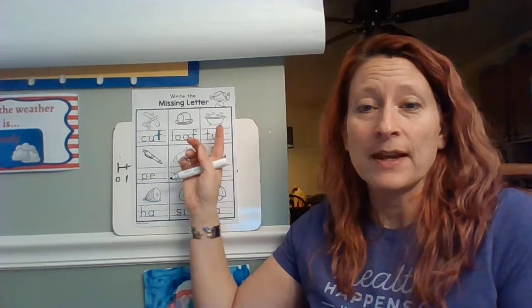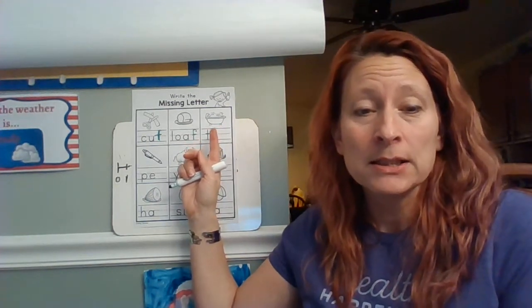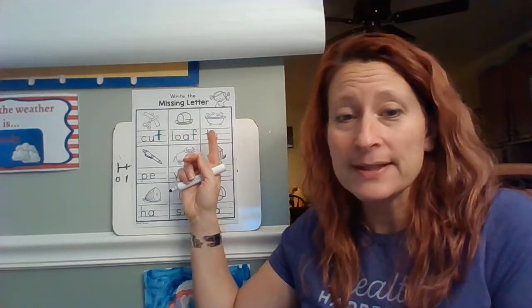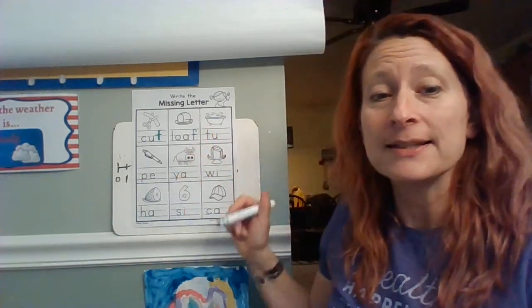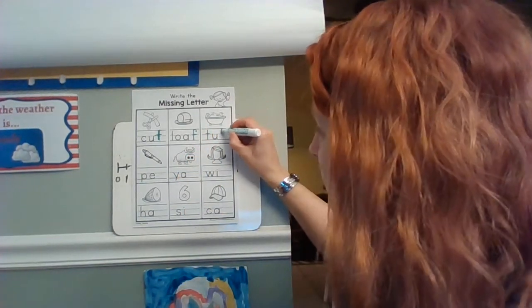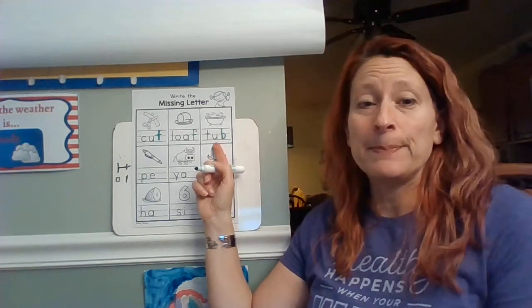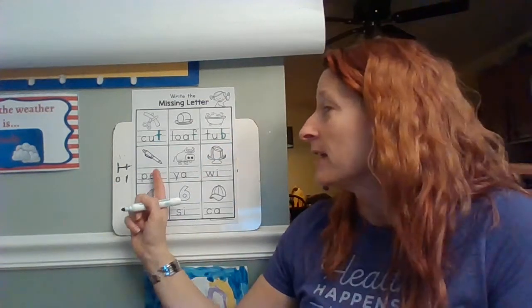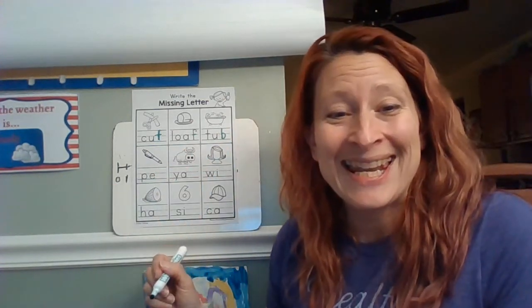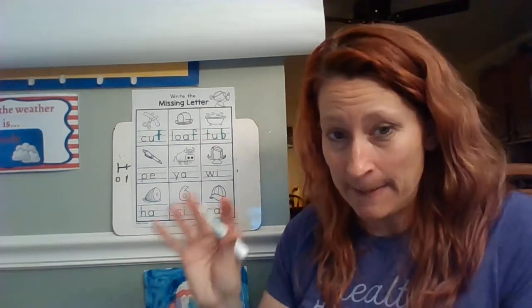Okay, so next one is a tub. Tub. What's that sound that you hear? B. It's a B. So we wrote a B. This one you write with, it's a pen. Pen. Do you hear that?